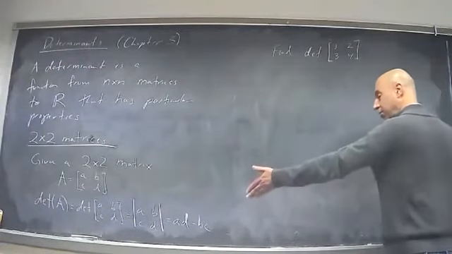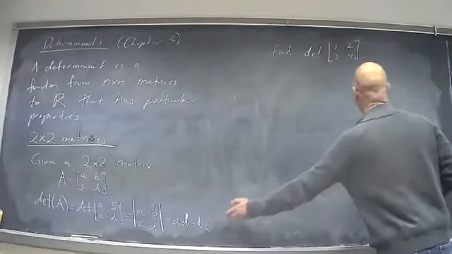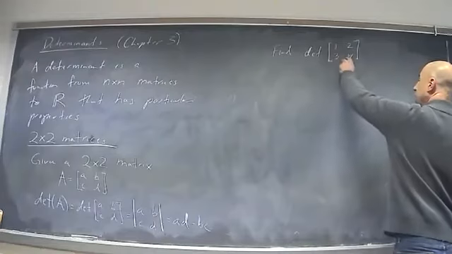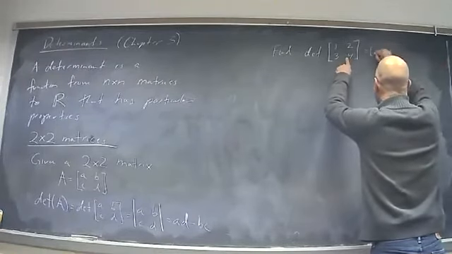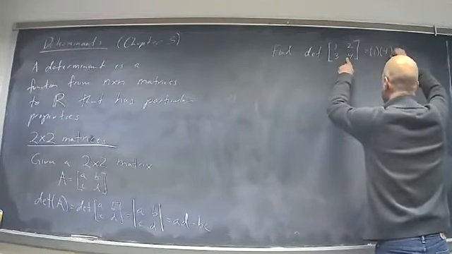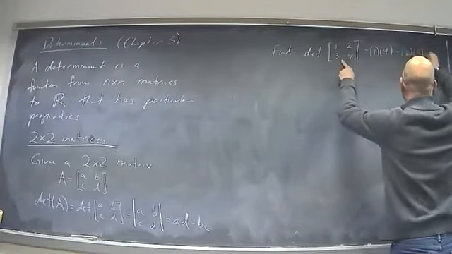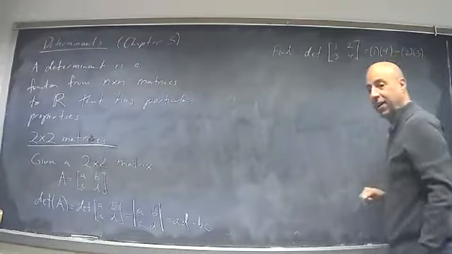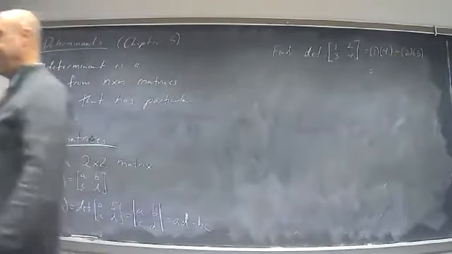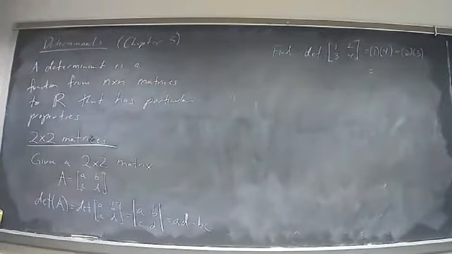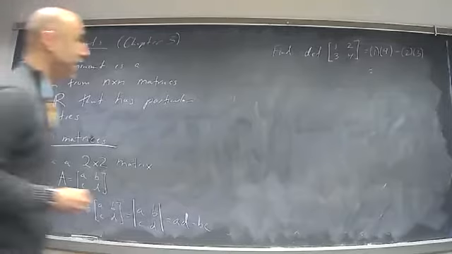So according to the rule that I gave you down here, the pattern, you just take 1 times 4 and subtract off 2 times 3. And what do you get? -2. Exactly, you get -2.